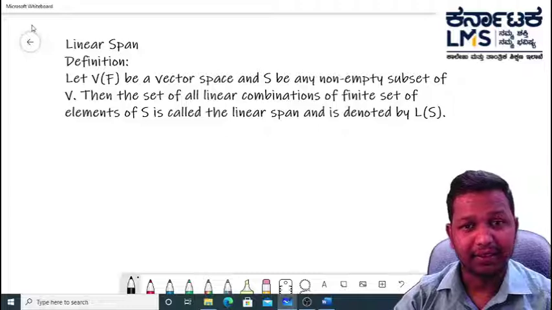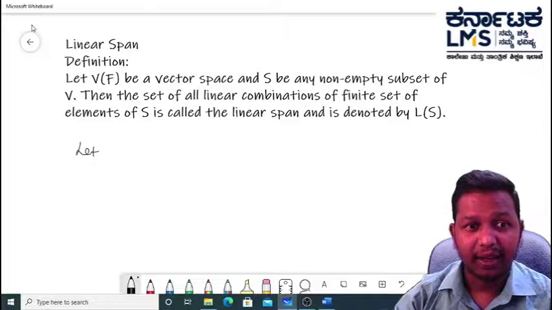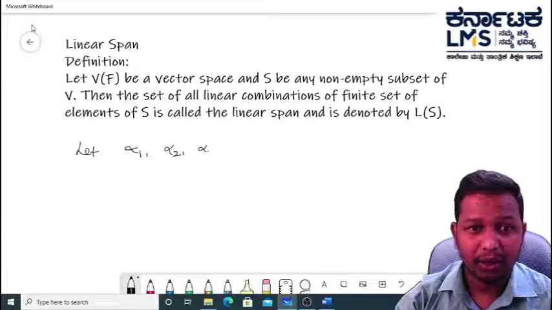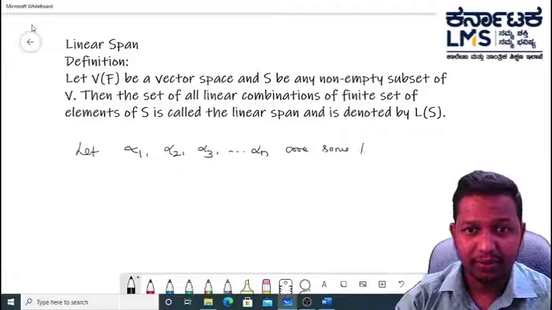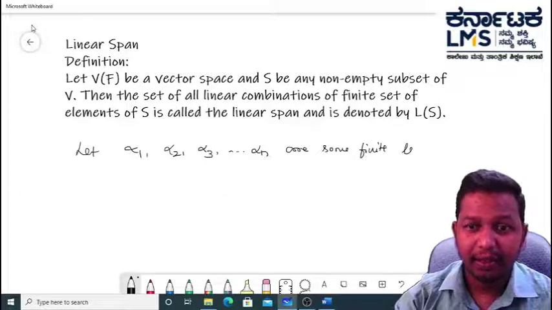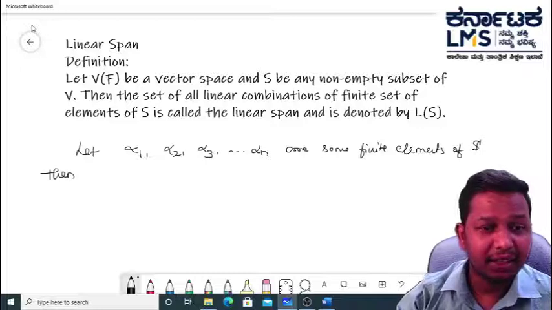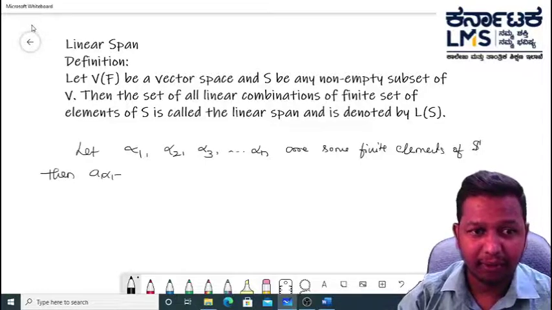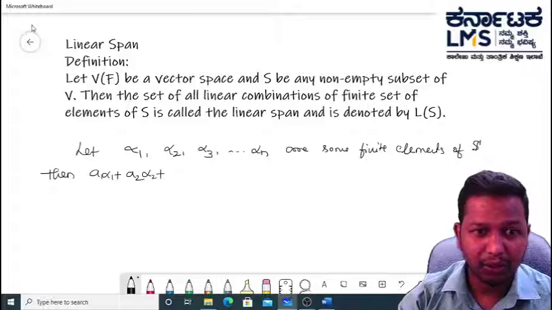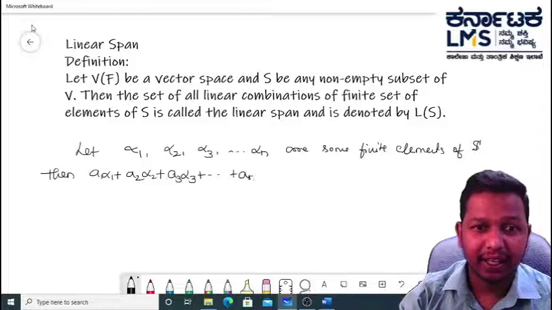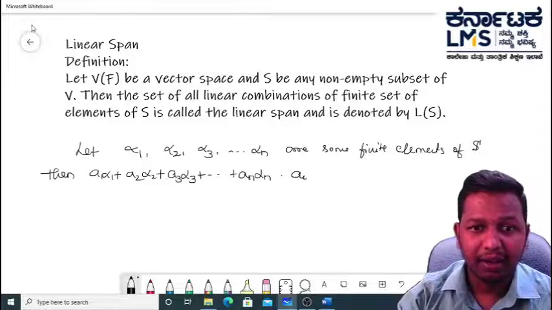That means let alpha 1, alpha 2, alpha 3 and so on, alpha n be some finite elements of S. Then the linear combination is nothing but A1 alpha 1 plus A2 alpha 2 plus A3 alpha 3 and so on, plus An alpha n, where all Ai are chosen from the field.